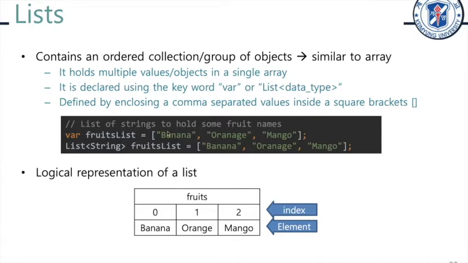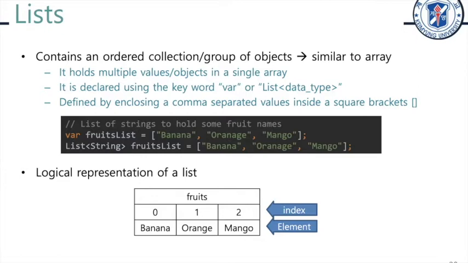So for instance, instead of using string variables such as fruit1 orange, fruit2 banana, fruit3 mango, you can create a list that contains all fruit types, or you can create a list that contains all days of the week, or every month in a year, because these are collections of objects of similar condition or similar situation.